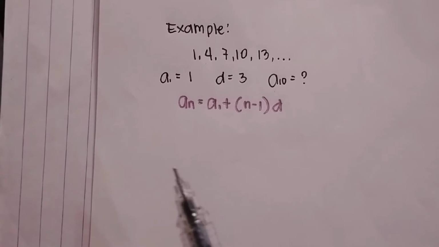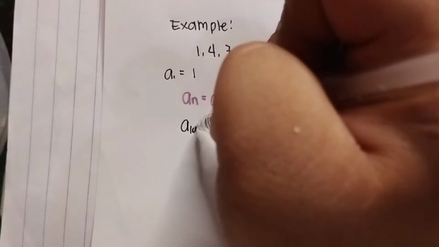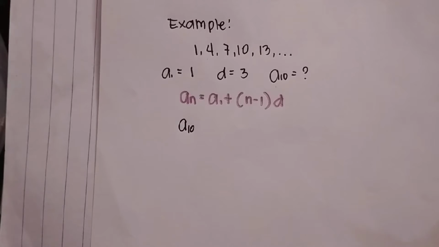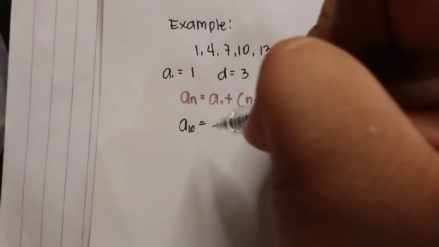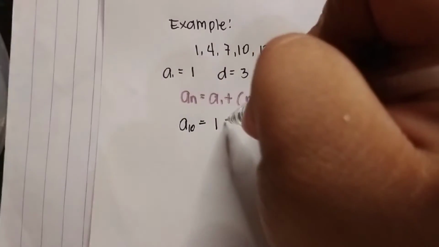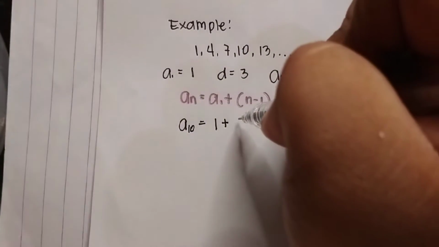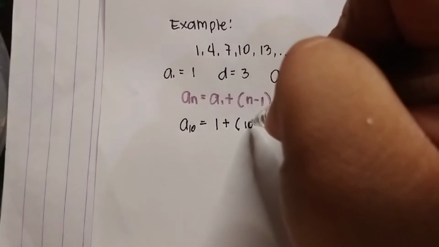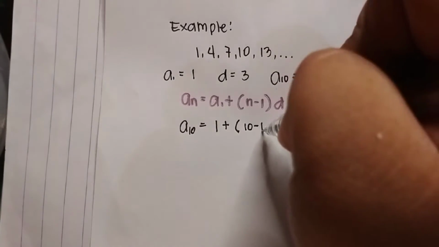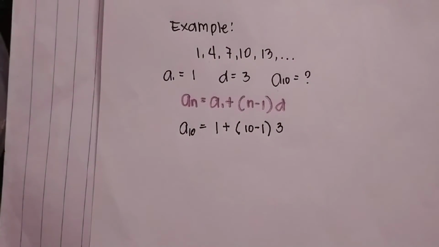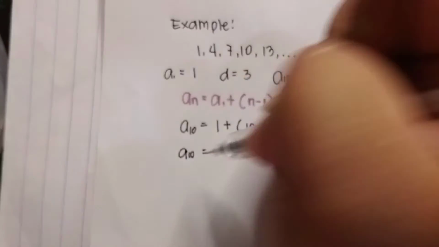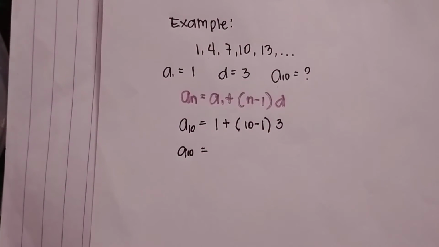All we have to do is to substitute. Since we are going to find the 10th term, we put a sub 10 is equal to a sub 1, which is 1, plus n, which is 10, so 10 minus 1, times the common difference, 3. Remember the PEMDAS rule.